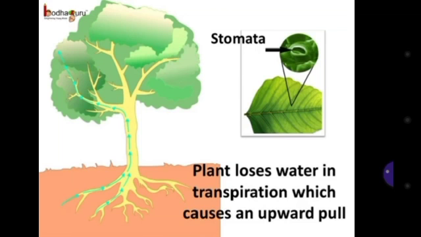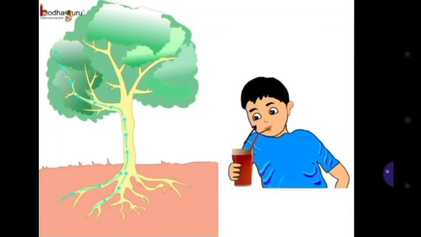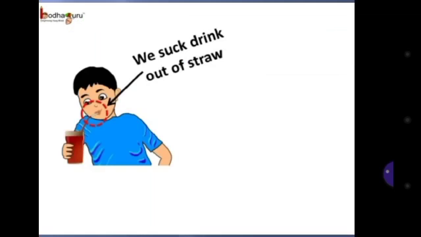through the transpiration process. You know this upward pull is just like the upward pull which makes the drink rise in a straw. When we drink any cold drink or juice through a straw, when you suck the drink through the straw, the upper part of the liquid enters into your mouth and more drink enters into the straw to fill up the empty place.